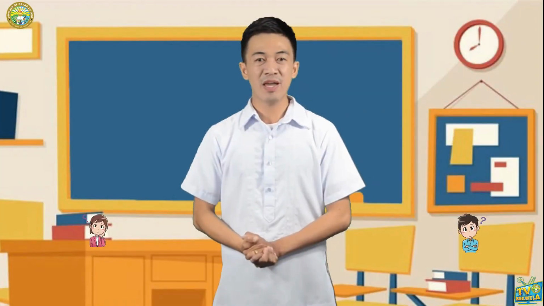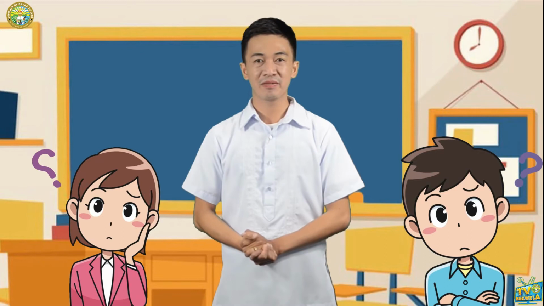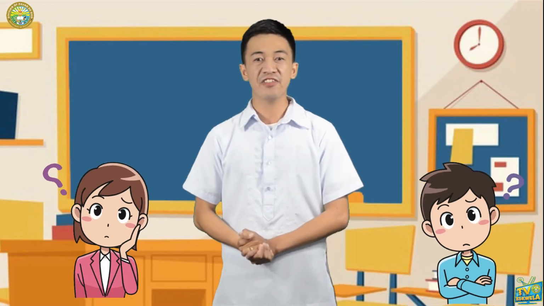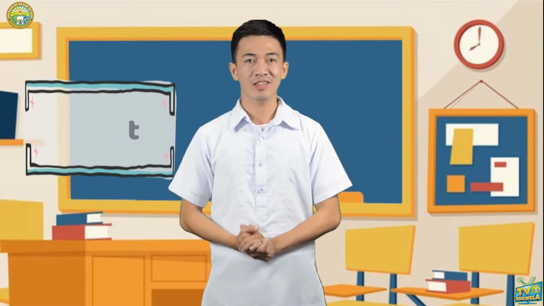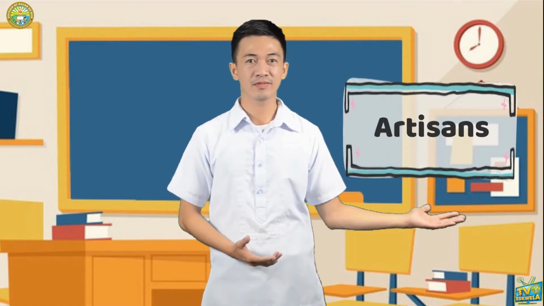The pictures shown are art forms which are made and produced by artists and artisans. These two may be quite synonymous, but actually they are different. Let us identify the difference between artists and artisans.